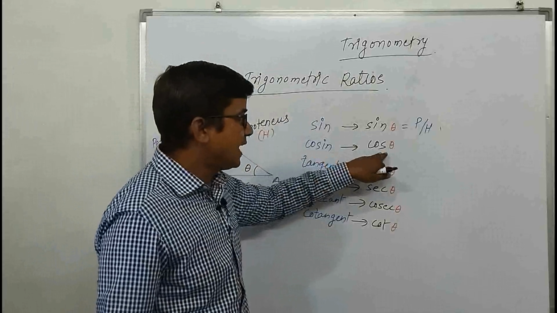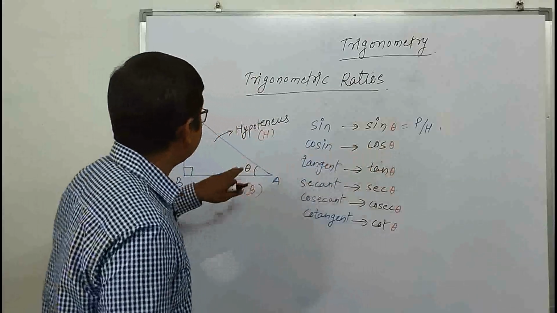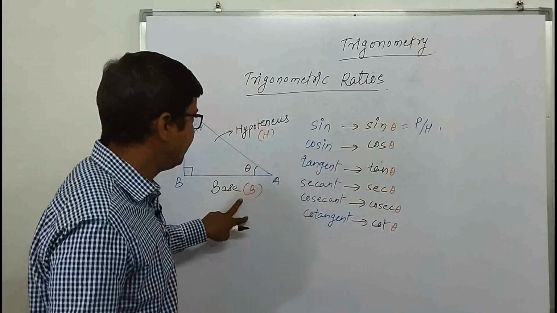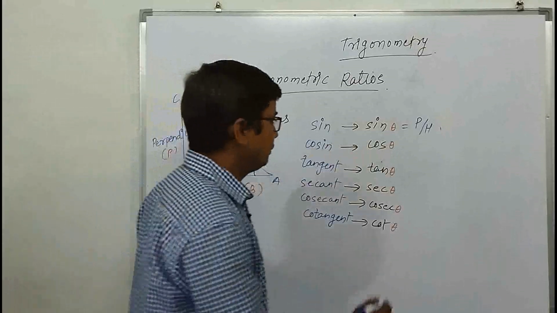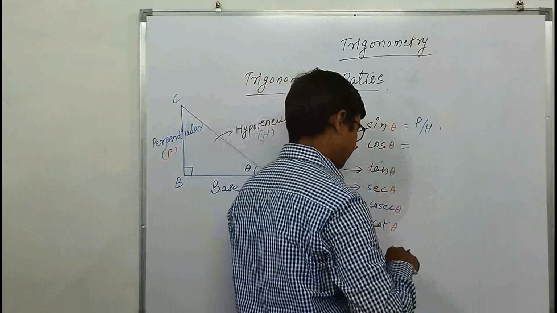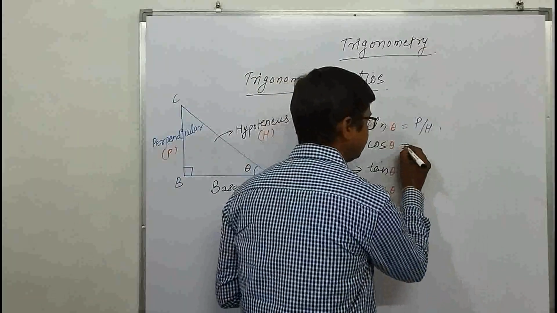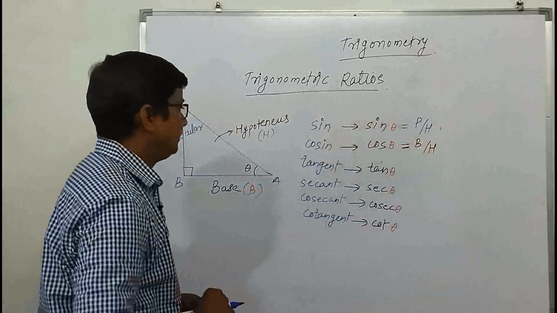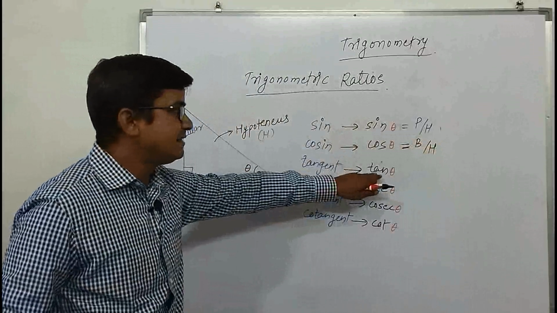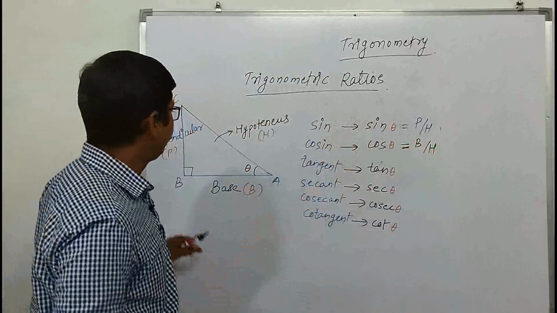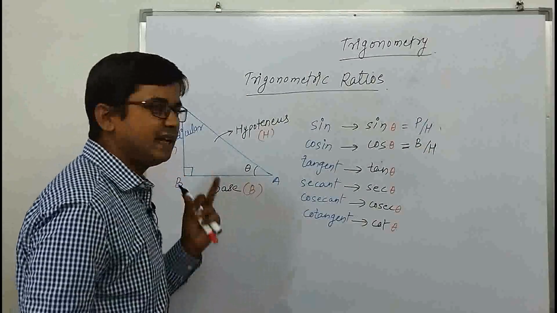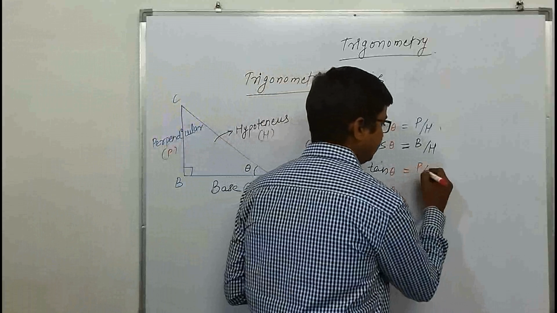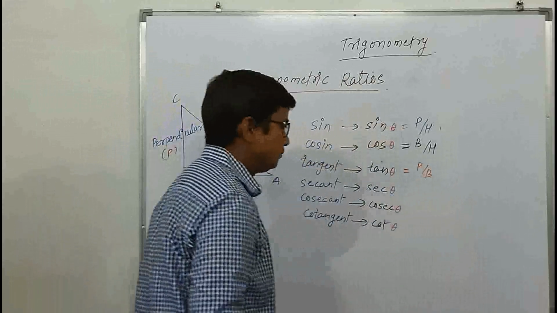Cos theta is the ratio of base to the hypotenuse, that is B by H. And the third ratio, tan theta, is the ratio of perpendicular upon base.